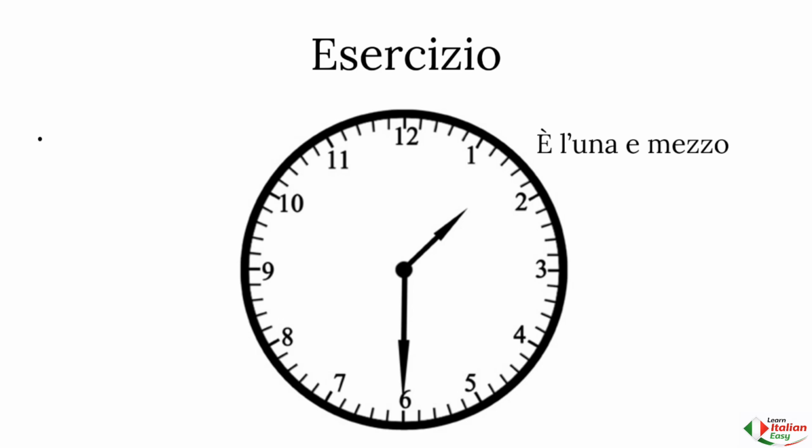Okay? Or you can also say è l'una e trenta. It's 1:30. Okay? Or another possibility is if we're talking about 1:30 p.m., okay, you could have said sono le tredici e trenta. Sono le 13:30. But once again, this is less common, okay?